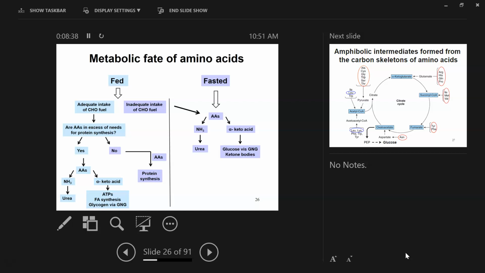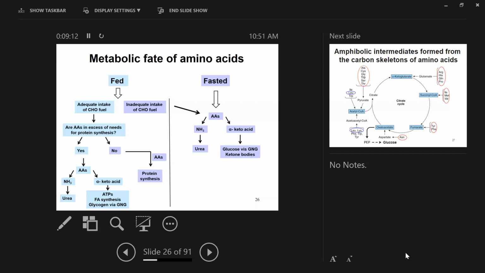And again, if we have more amino acids than we need for protein synthesis, some of the excess amino acids will be converted to fatty acid synthesis, and also used for gluconeogenesis. But under this condition, the glucose synthesized from amino acids through the gluconeogenic pathway will be converted to glycogen stored in the body, right? Does that make sense?